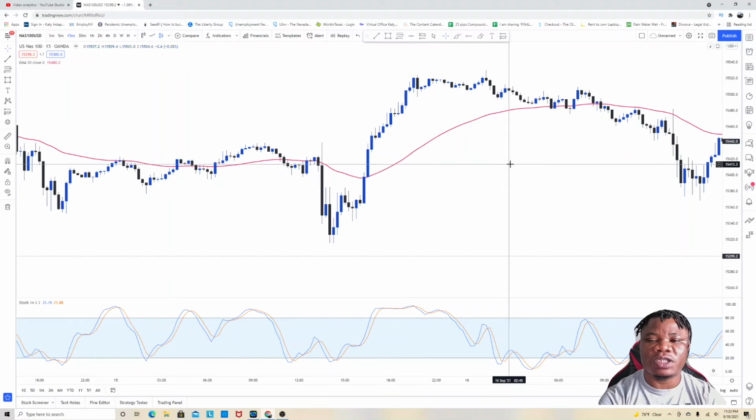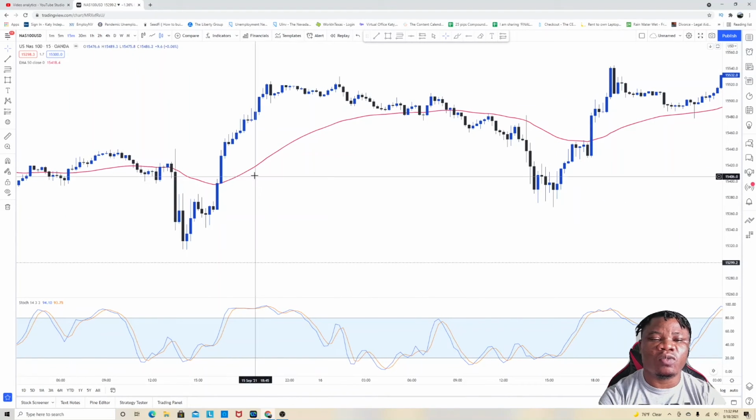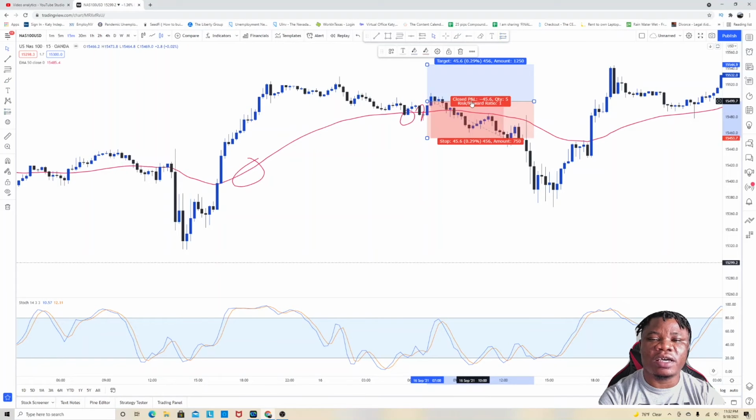If we take a look at this right here, we had price above the 50 EMA, and if we had waited for a pullback, we had a pullback right over here. Now if you had waited for a pullback, you would have said, okay, I'm just going to get in right here, and you would have lost this trade.